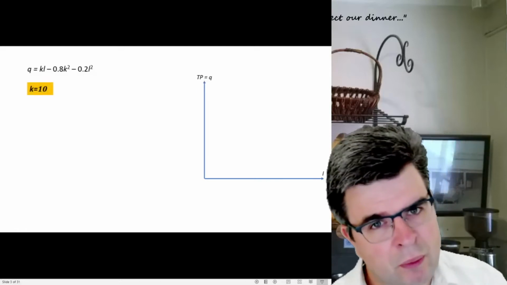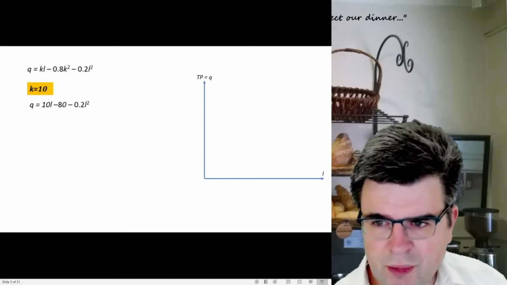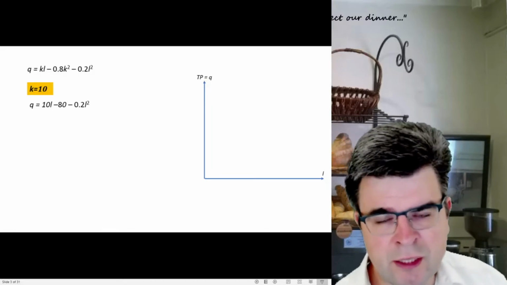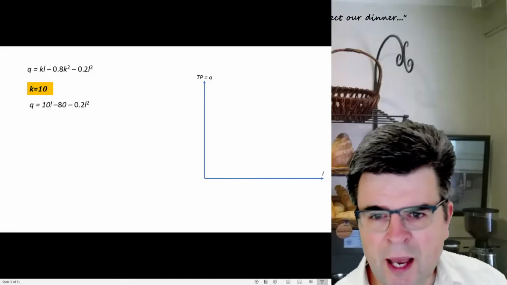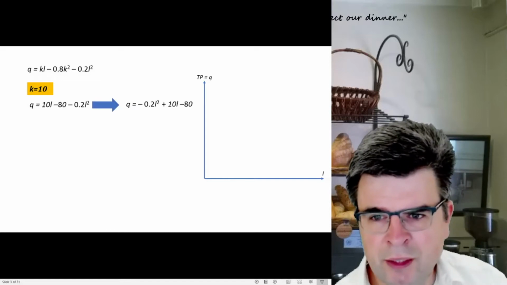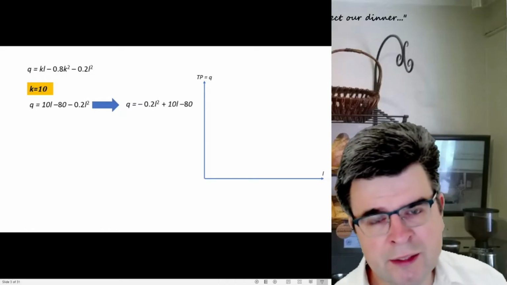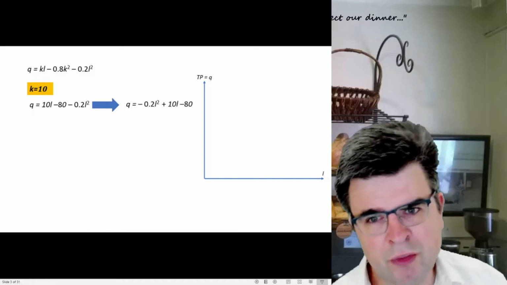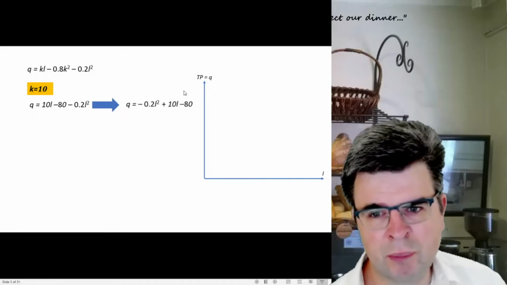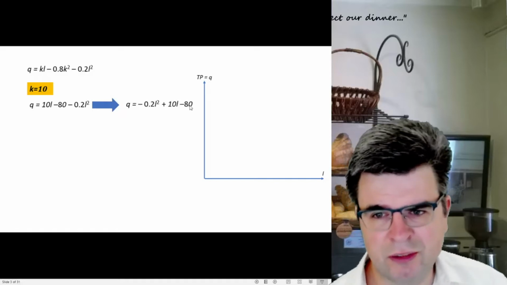We fix capital at a level of 10. So we can just replace the K in the expression with 10, then you get the following expression. And of course, we have Q on the y-axis, and we rewrite it a little bit because we have a quadratic term and then a linear term in labor and then a constant.